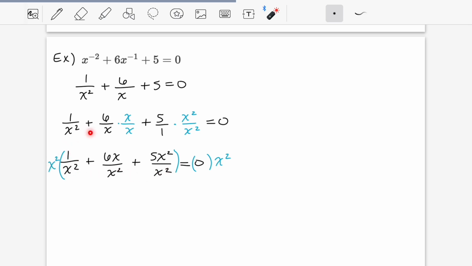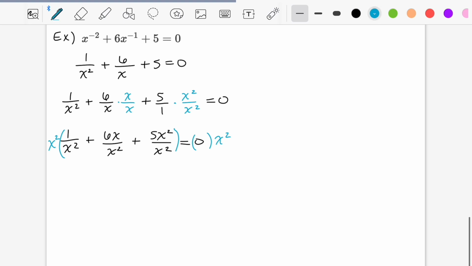So this x squared is being multiplied to every single term on this side, and this x squared is being multiplied to 0 on this side. So these cancel, and we'll get 1 plus 6x plus 5x squared is equal to 0 here.